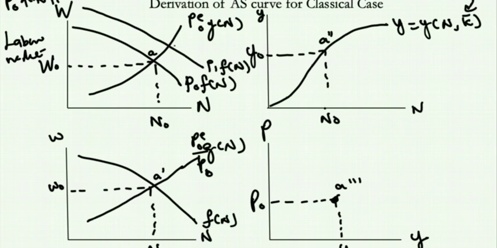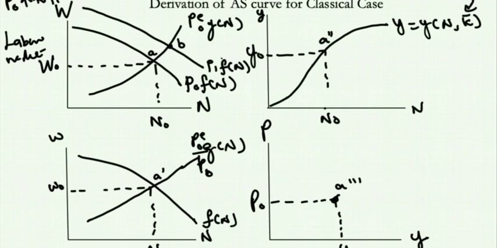Alright, so the new equilibrium will be at point B, but it won't stop here, so I don't want to label the new nominal wage here, because there will be another adjustment, so I don't want to mess the graph.